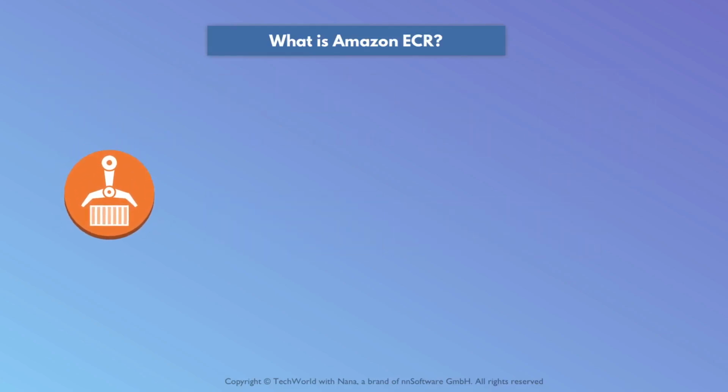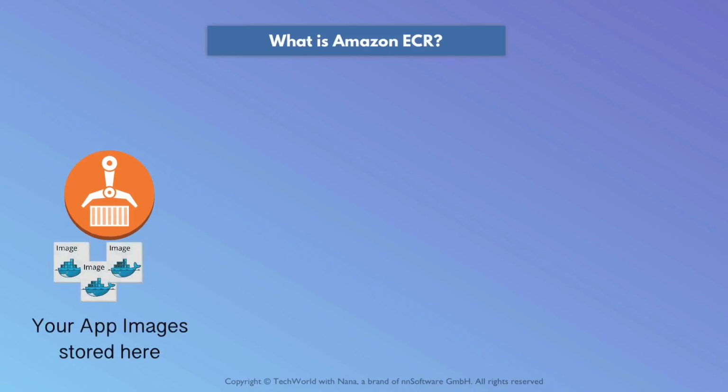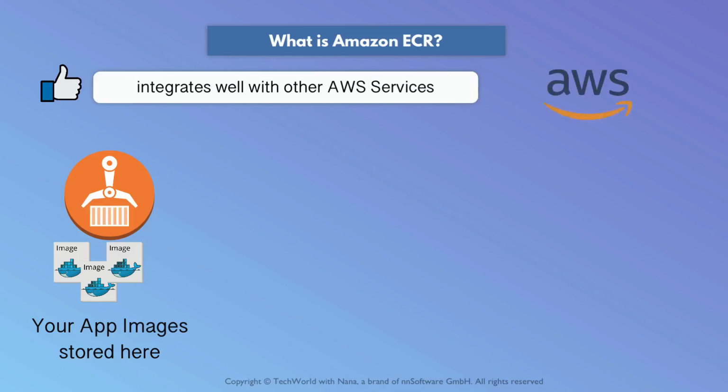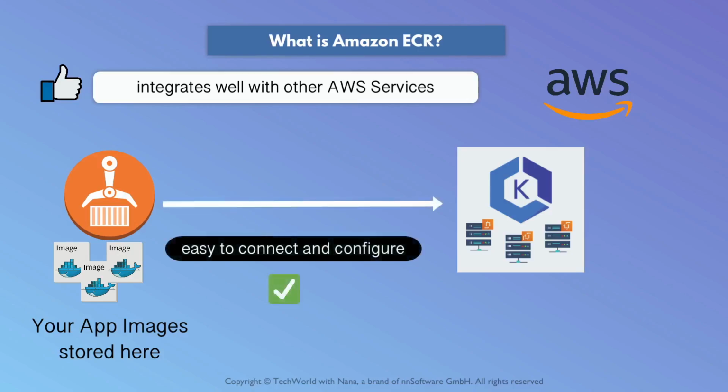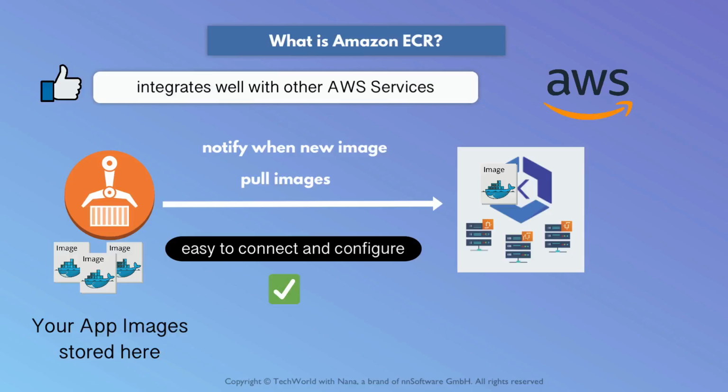The advantage of using Elastic Container Registry is, of course, because it's part of the whole AWS ecosystem, it integrates well with other services. So for example, if you use EKS with EC2 instances, then it will be easier to connect and configure your cluster with ECR to fetch the images, but also to do some other stuff like automatically get notified when a new version of the image gets pushed to the registry and then automatically download that into your cluster.